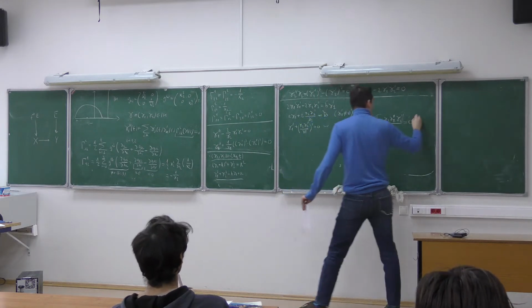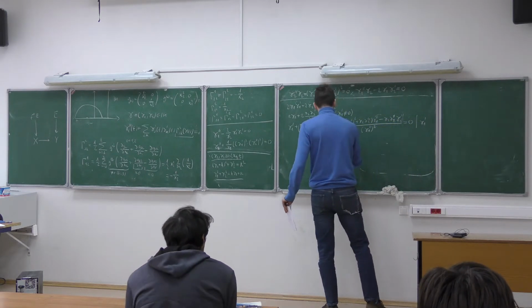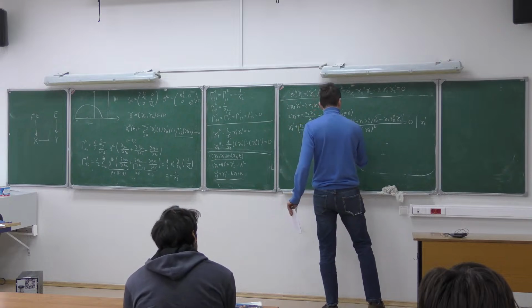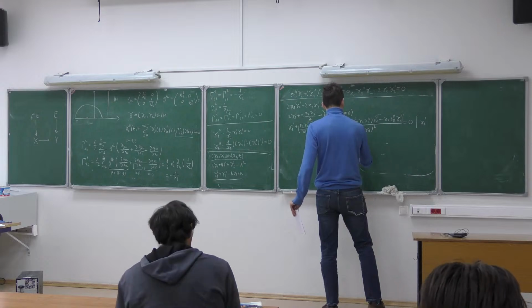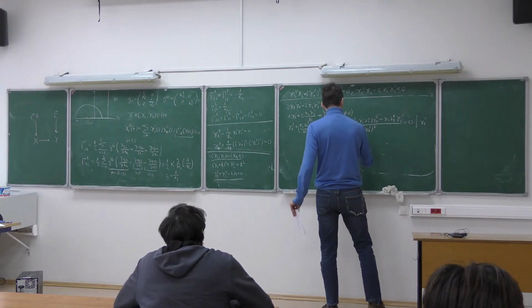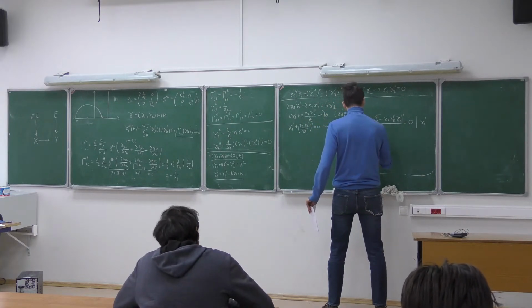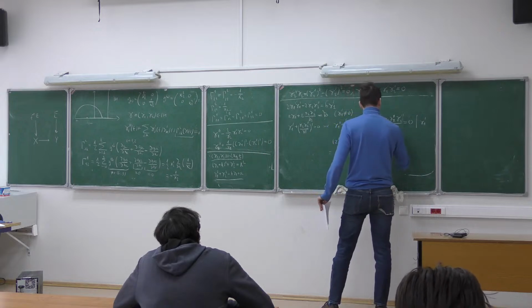Теперь умножим это на гамма-1 штрих. Гамма-1 штрих во второй плюс гамма-2 штрих во второй плюс гамма-2 штрих минус оставшаяся дробь.